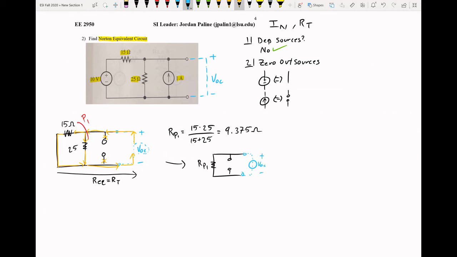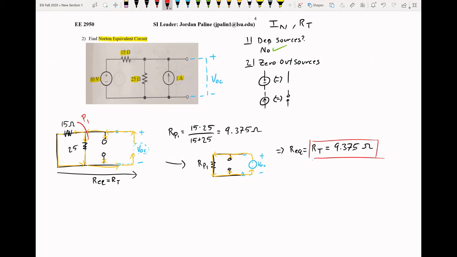We see that if we were to send current through here, the current would just pass through that one resistor. Therefore, R equivalent is equal to R Thevenin, which is 9.375 ohms. Okay, so that's the first part.